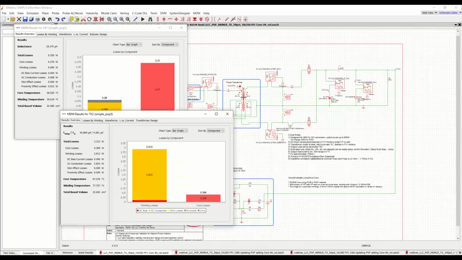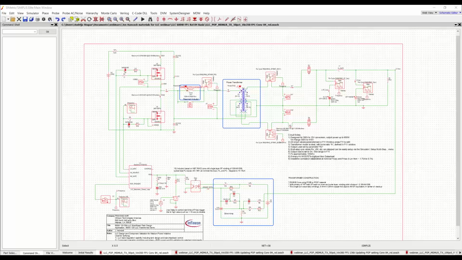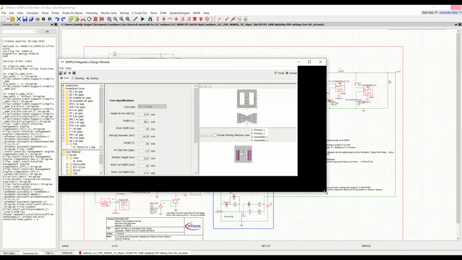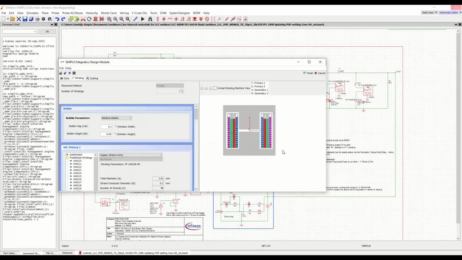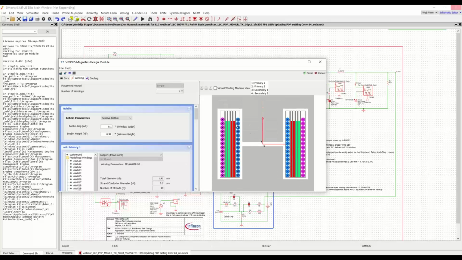Now, before we look at the results, maybe let's look at the transformer construction. As we said, it was a PQ3535 core using PC95 material and a 30-to-2-to-2 turns ratio.